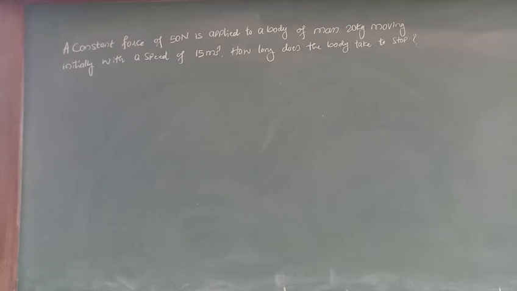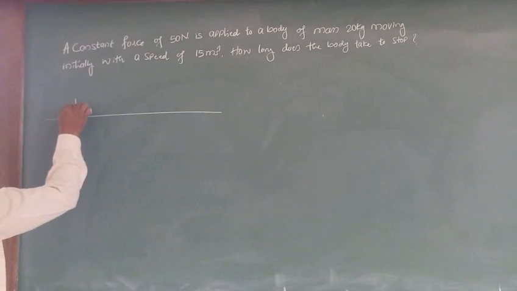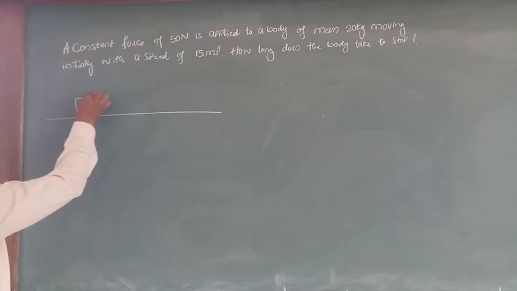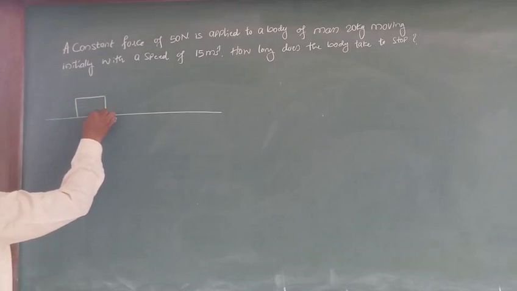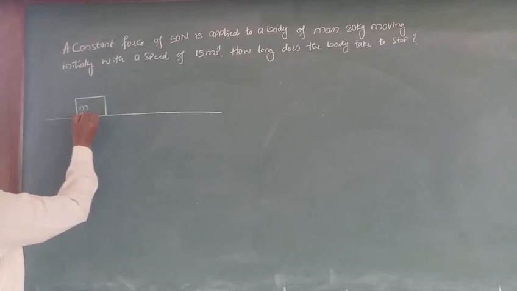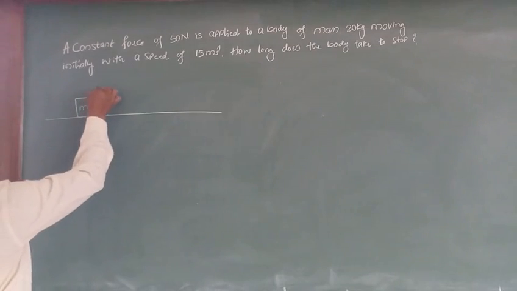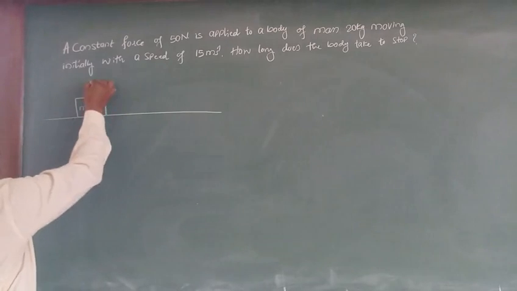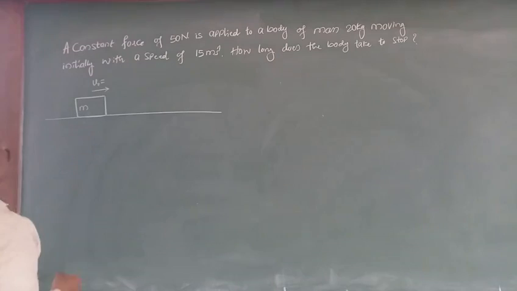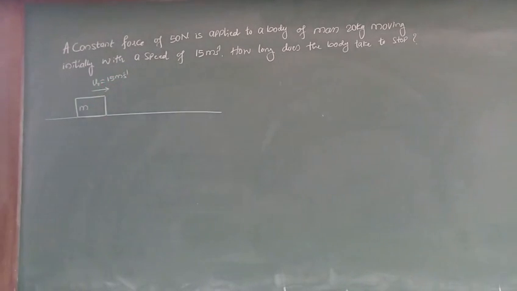Okay, here the body is of mass m, initially moving, like you can say its initial speed is 15 meter per second.